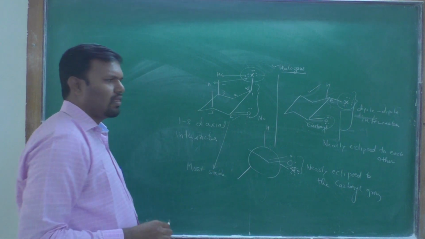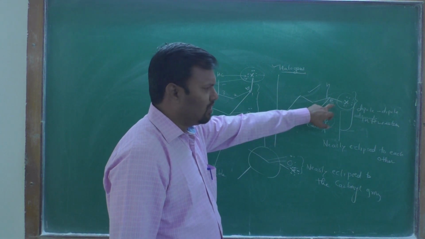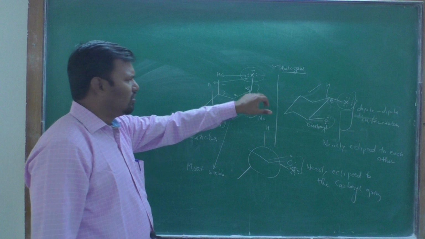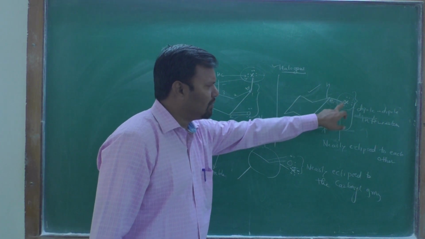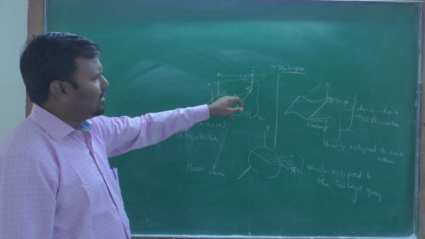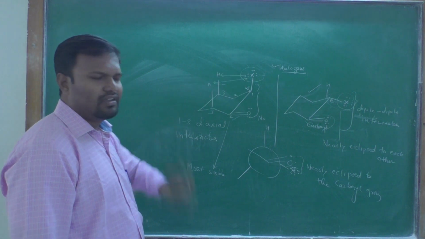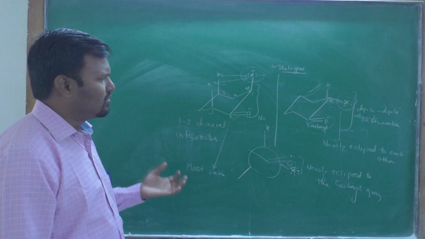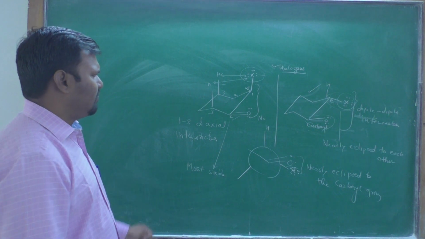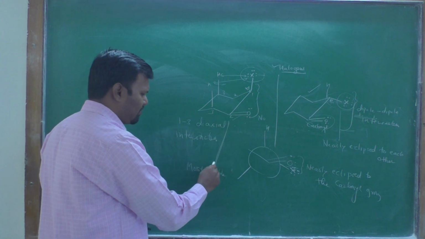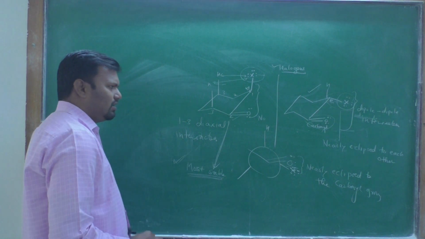This one is unstabilized by this dipole-dipole interaction, and this one is unstabilized by the 1,3 diaxial interaction, which is present between the hydrogens and our polar groups, that is the halogens. Therefore this conformation is more stable and its quantity is higher.